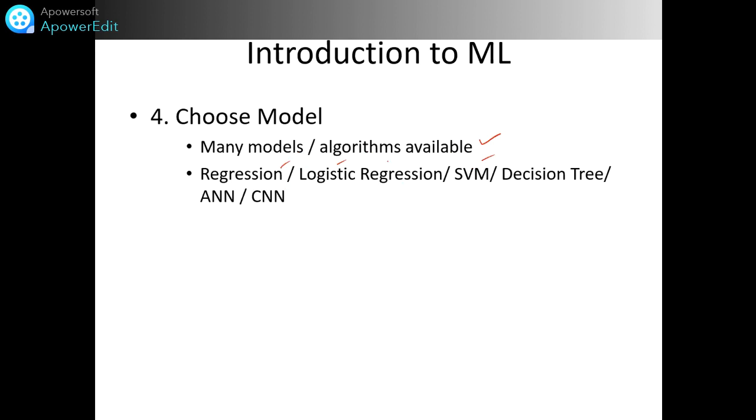According to our compatibility or the requirement of data, we have to choose these algorithms. The most famous one is the artificial neural network, and nowadays many people are applying convolutional neural networks also. Support vector machines and decision trees are old traditional machine learning algorithms.